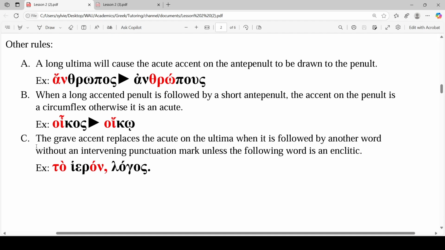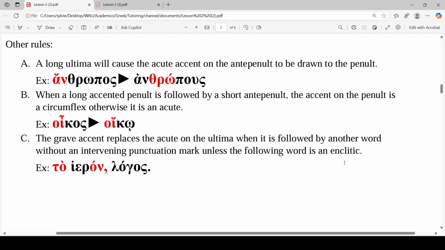The third rule about accent, that's our last rule. The grave accent replaces the acute on the ultima when it is followed by another word without an intervening punctuation mark, unless the following word is an enclitic. We're not going to pay too much attention to this, so don't ask me any question. We will be seeing this later in our series.